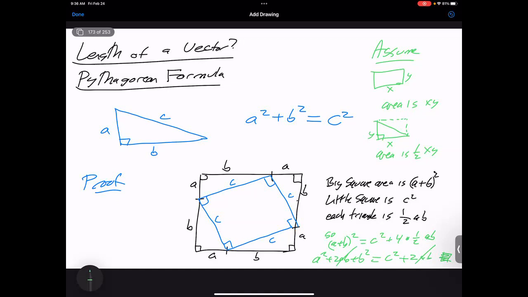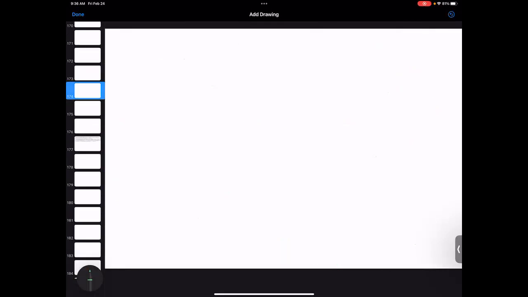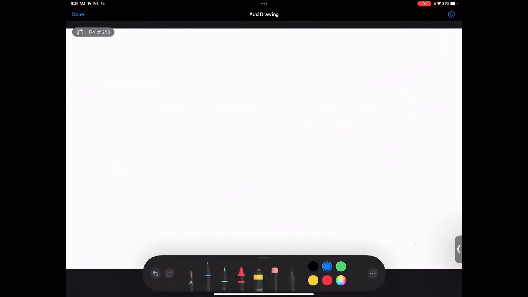Okay, so we now have a way to calculate the length of a vector in the plane. So if I give you some vector like this, I can write, here's my X component, here's my Y component.